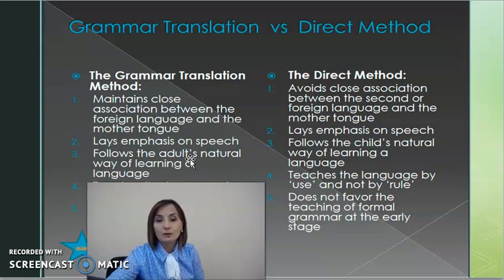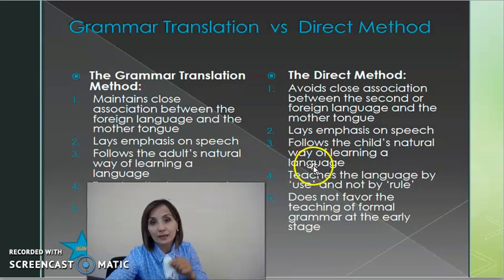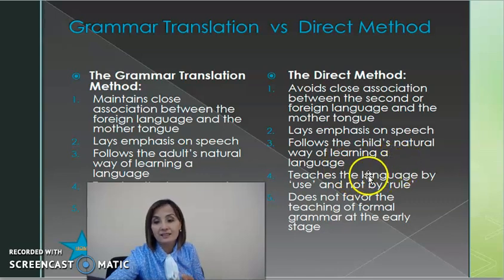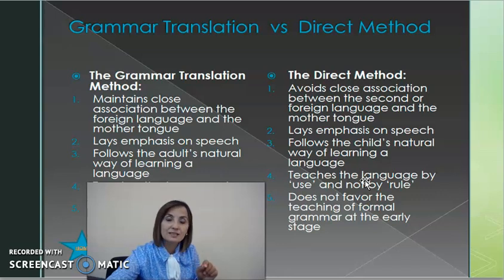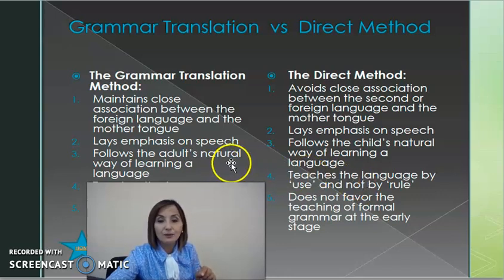So, grammar translation method follows the adult's natural way of learning a language. So pay attention. But in direct method, it follows the child's natural way of learning a language, not the adult's. But in grammar translation method, it follows the adult's natural way of learning a language.